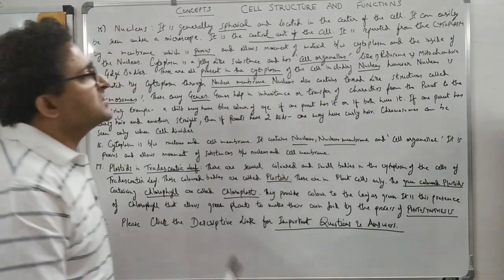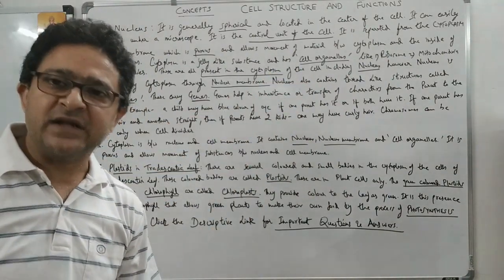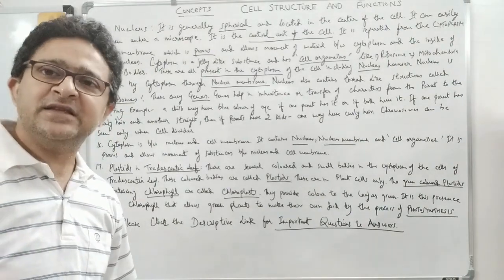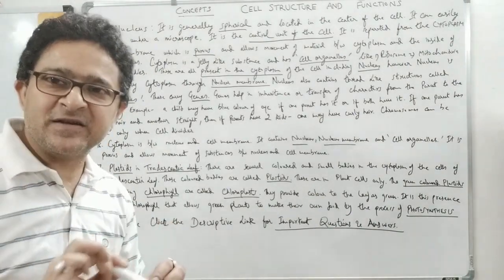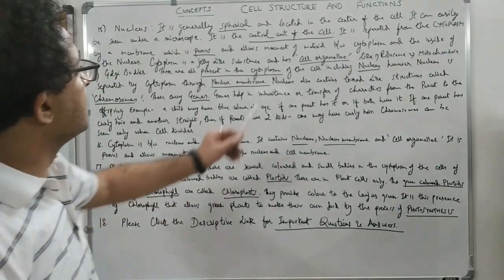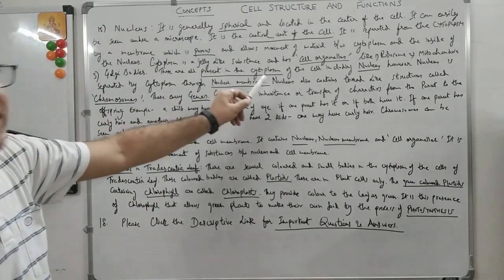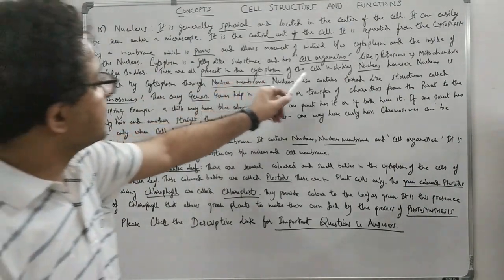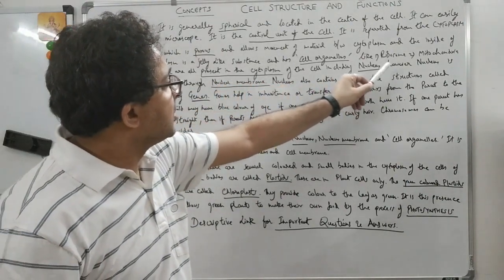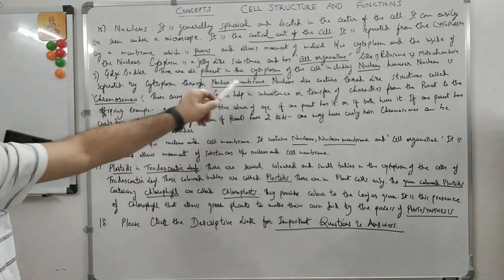So basically the nucleus and these cell organelles are all inside the cytoplasm, and the cytoplasm is behind the cell membrane, and the nucleus has a covering through a nuclear membrane, right? However, the nucleus is separated from the cytoplasm by the nuclear membrane.